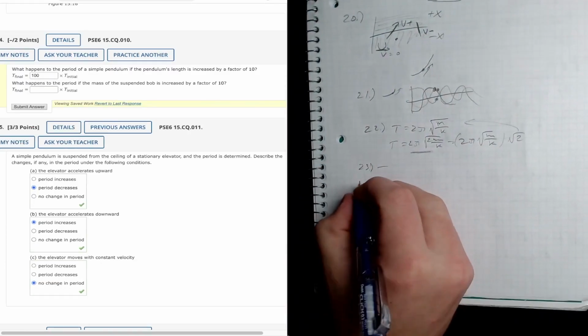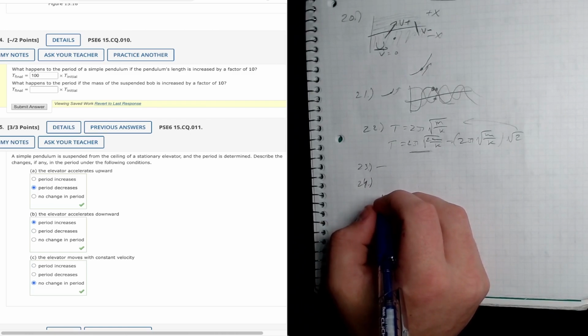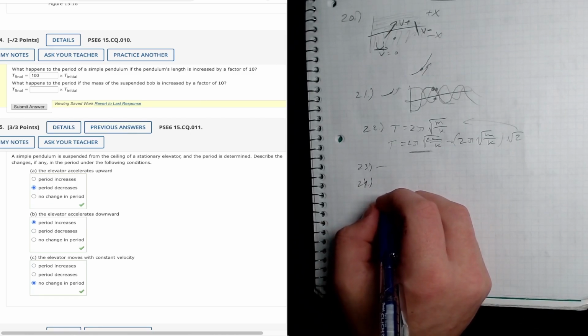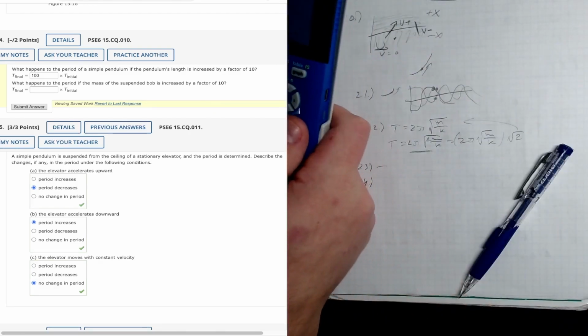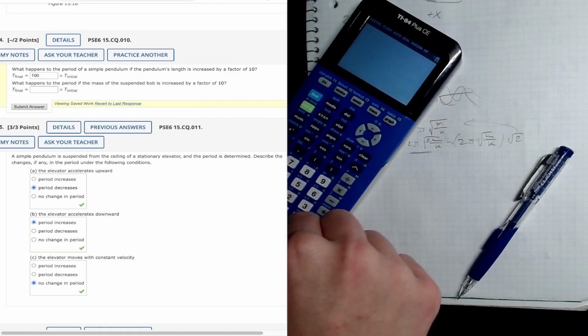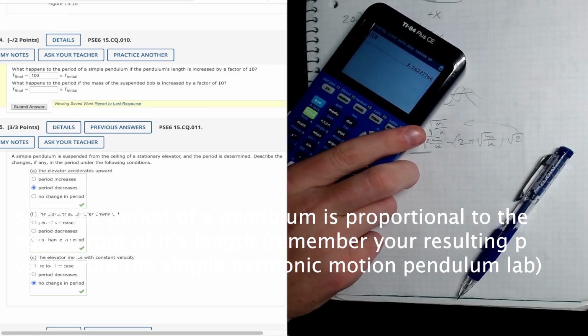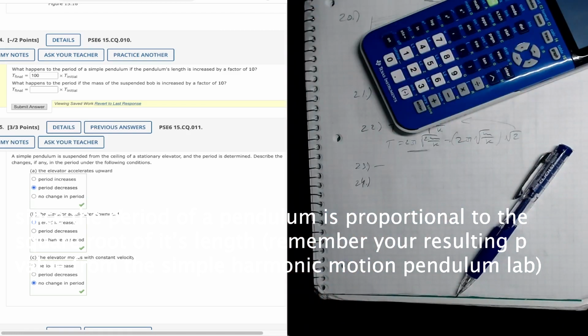Alright guys, now on to question number 24. So what happens to the period of a simple pendulum if the pendulum's length is increased by a factor of 10? I believe if it's increased by a factor of 10, it'll be square root of 10 times that, so 3.16 times T initial.